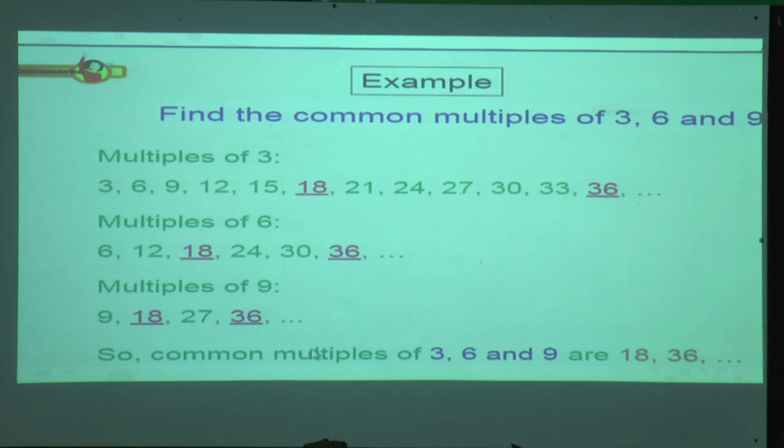So the common multiples of 3, 6 and 9 are 18 and 36. If we go on writing more multiples of 3, 6 and 9, we may get more common multiples also.